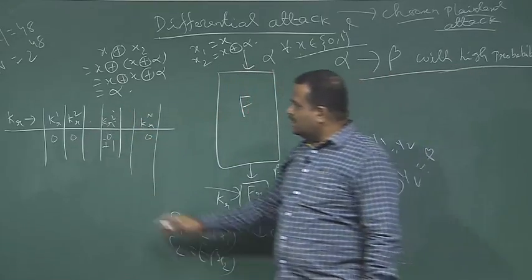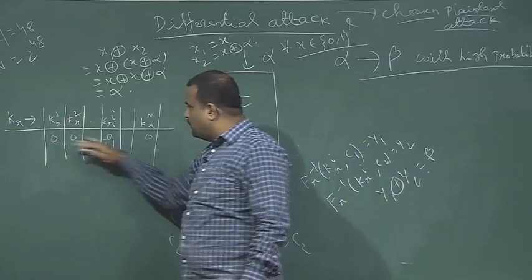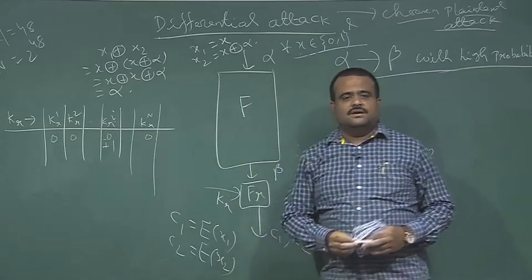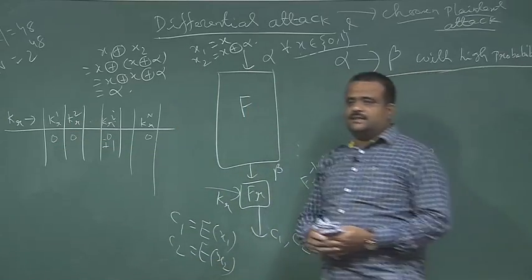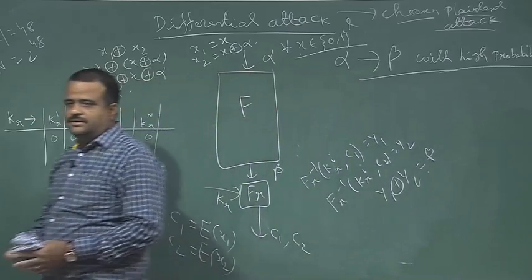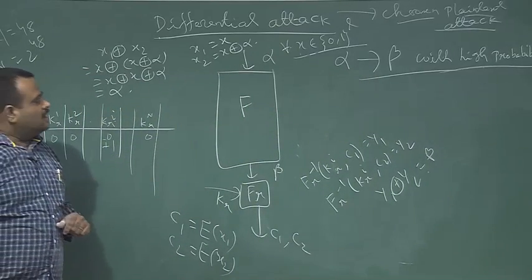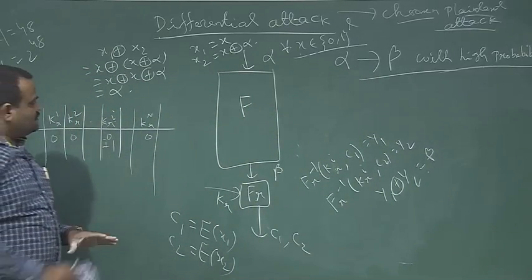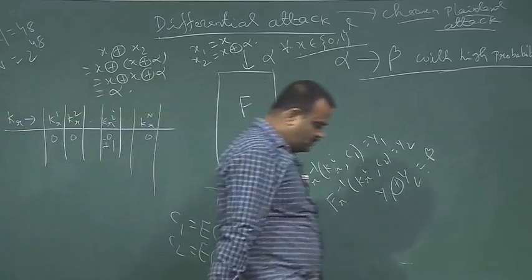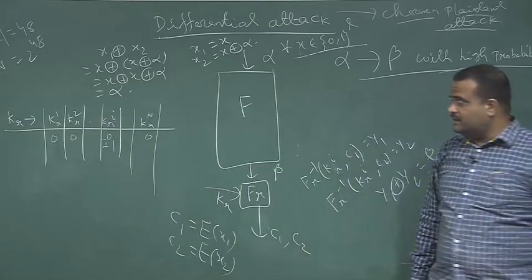The value having more frequency is the rth round key. This is basically the differential cryptanalysis on this block cipher to find the rth round key.